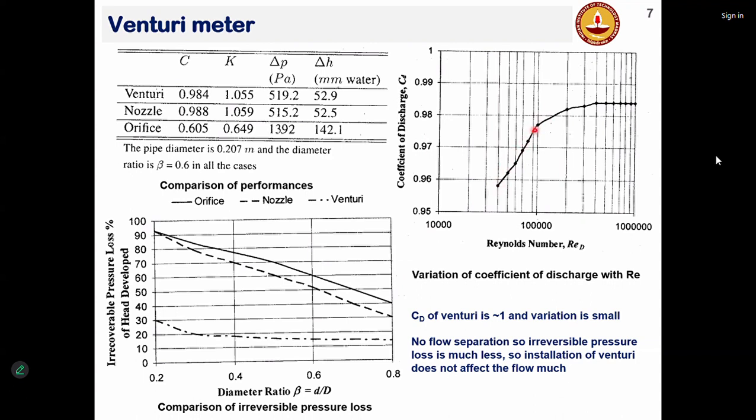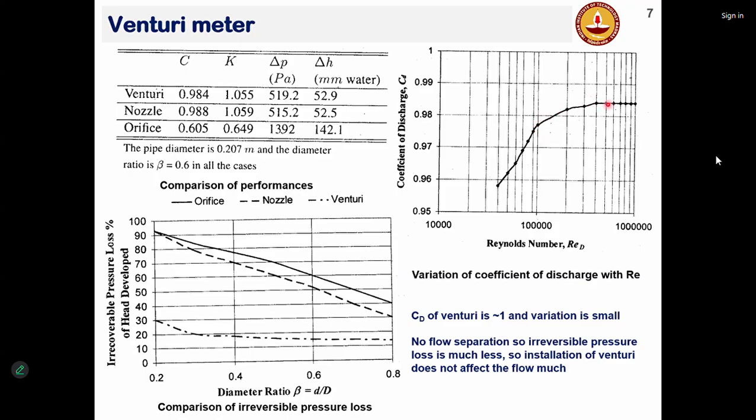And this is because as you increase the Reynolds number, your flow becomes less skin friction dominant and more form factor dominant. That means the delta P contribution coming from the friction reduces, and that coming from the sudden change in the area and the corresponding formation of eddy increases. And therefore, this coefficient of discharge tends to increase and become more close to 1.